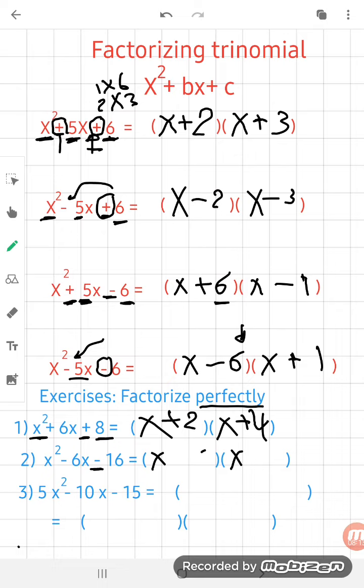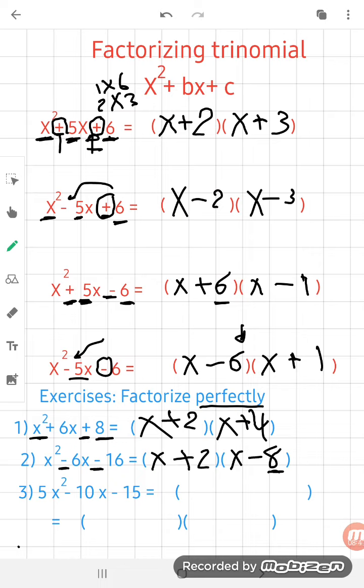Yes, 2 by 8, because the difference between them is 6. Okay, how can we put the two signs? The last sign is negative, so the two signs are different. The greater number, 8, takes the middle sign, negative, so here negative and here positive.